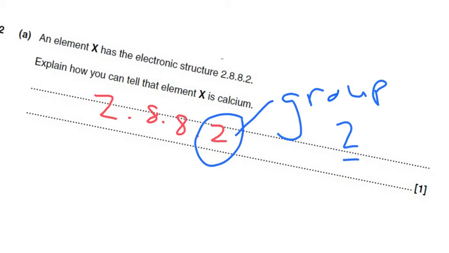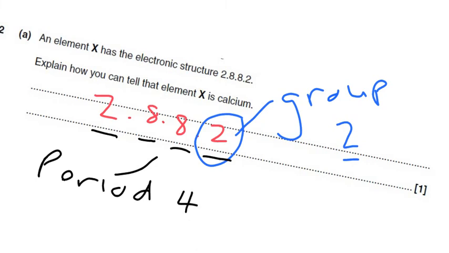The second thing we can see is that in total it has 1, 2, 3 and 4 shells, which tells us that it must be in period or row 4. And in that particular case, it would be sufficient enough to have your answer structured, basically saying that the element is in group 2 and period 4.